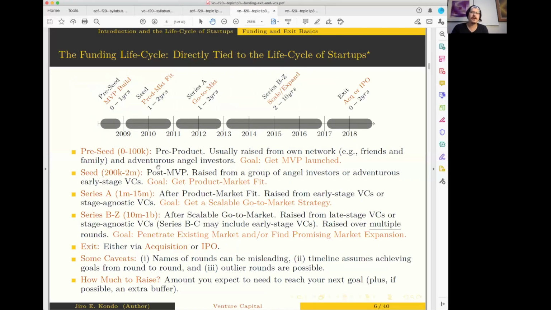So, as I said, first we will talk about the funding life cycle of startups. You'll notice throughout this course, I have some weird obsession with the word life cycle. I think it works very nicely with startups because there's a clear evolution in the company as it goes from phase 1, phase 2, phase 3, with different subcomponents in phase 3.